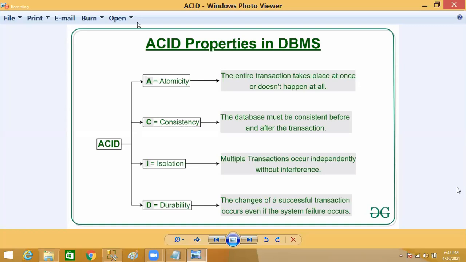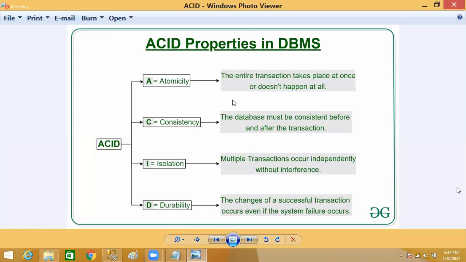Now let me see one by one what is atomicity, what is consistency, what is isolation, and what is durability. First of all, observe atomicity. Atomicity means the entire transaction takes place at once, or else does not happen at all.